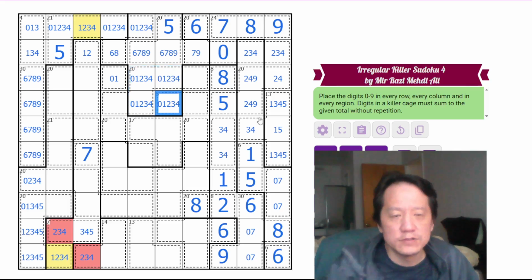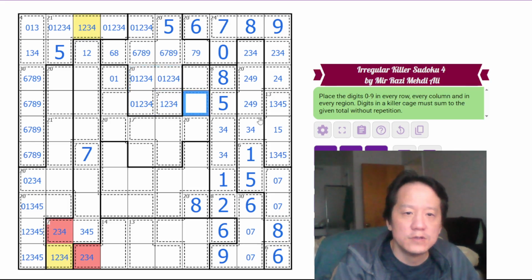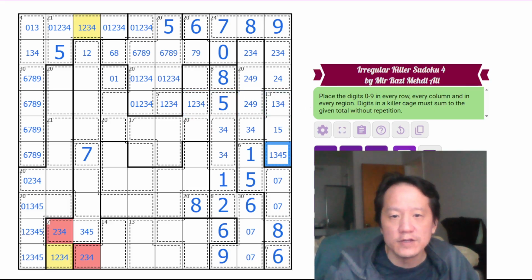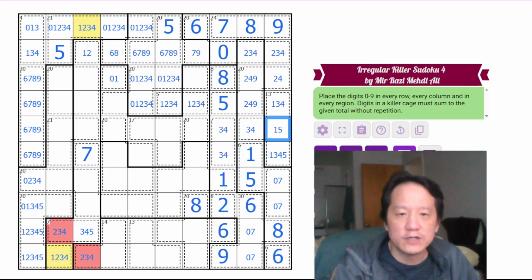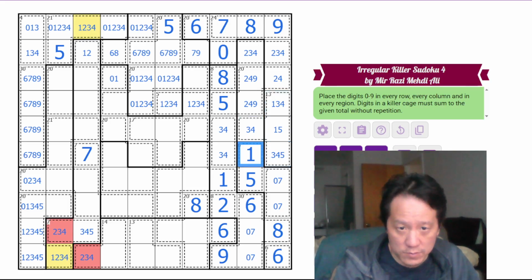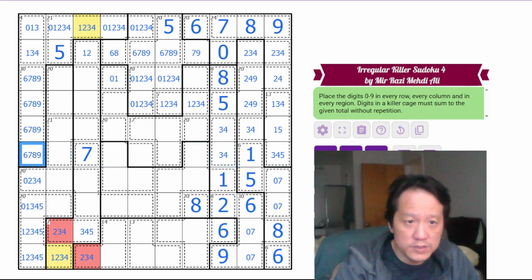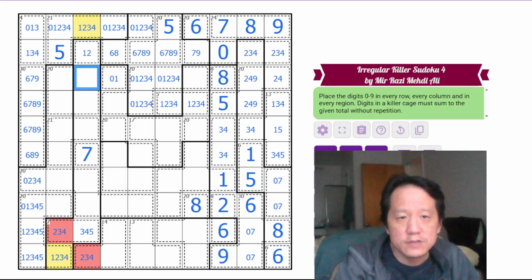This cannot be 0. So this is 1 through 4. This can't be 5. Where is the 5 in this? Well, it has to be one of these two. This can't be 1, though. This can't be 7. This can't be 8.